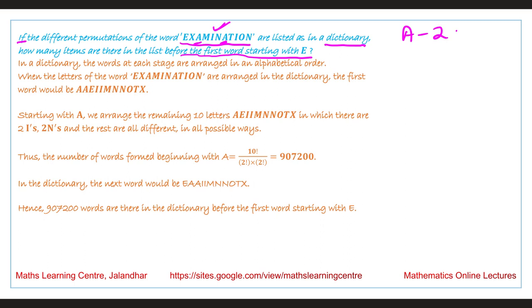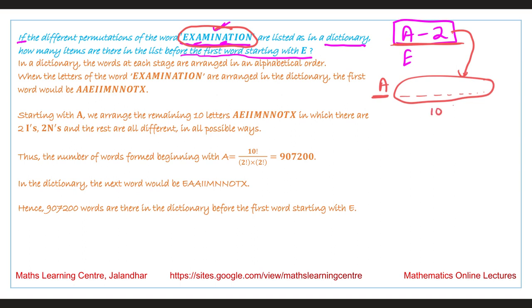If we order them in the dictionary, the next alphabet we will have is E. So we want to calculate the number of permutations we can make from the word EXAMINATION which start with A. The first letter should be A, it is fixed. Now we are left with 10 letters.